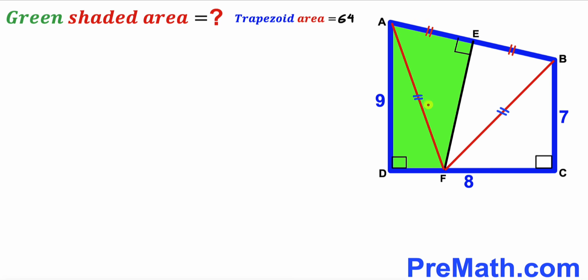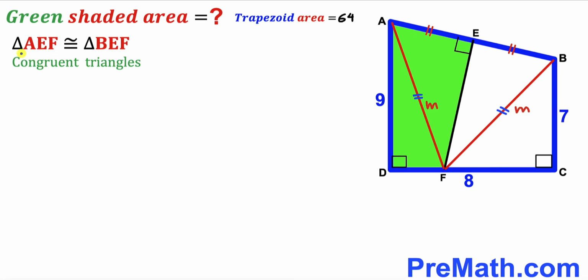If I label this side length as lowercase m, then this side is lowercase m as well. Now we can see that these two right triangles, AEF and BEF, are congruent triangles. So these right triangles have identical area.